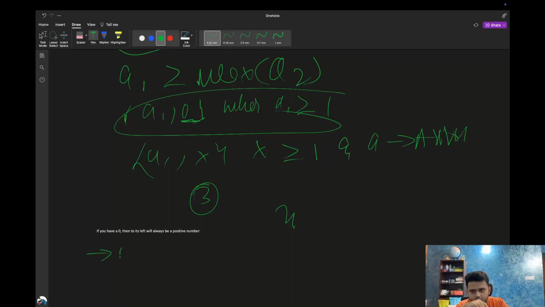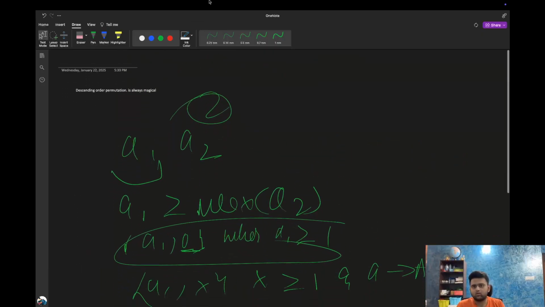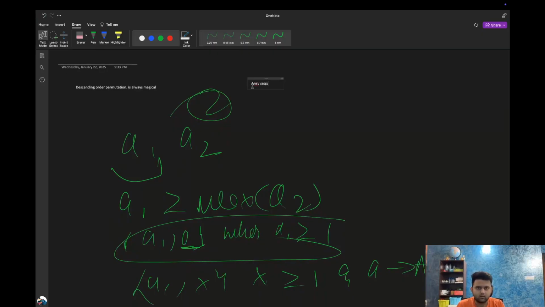So any sequence of positive integers is always magical, since max is 0 and min would be greater than 0 always.